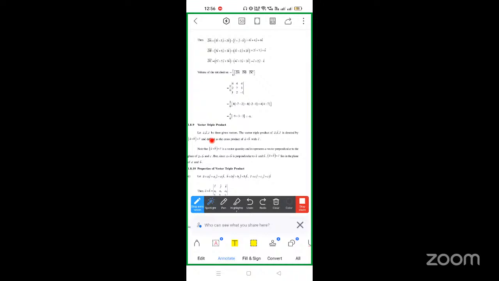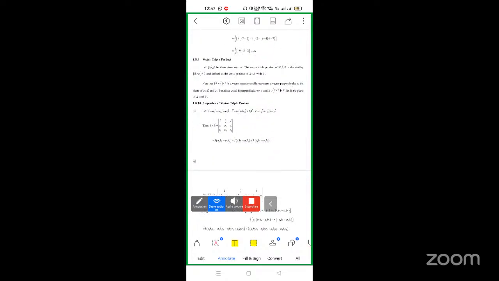The triple product of A, B, C is denoted by A cross B cross C and defined as the cross product of A cross B with C. Note that this is a vector quantity, represented by a vector perpendicular to A cross B. But since A cross B is perpendicular to A and B, the result lies in the plane of A and B.